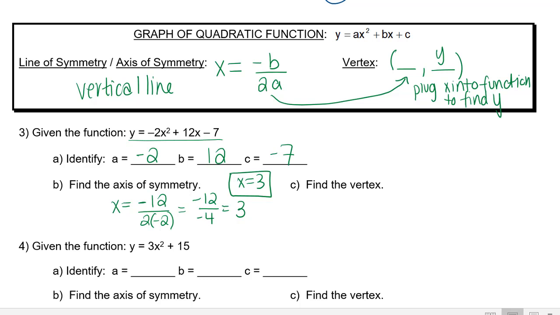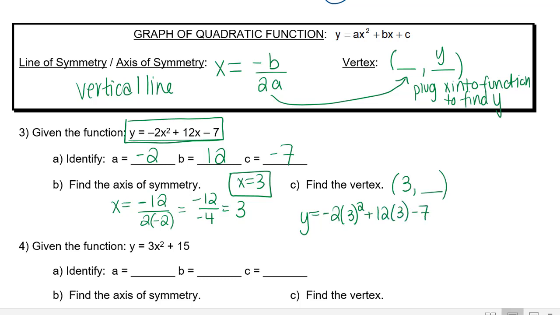The vertex is that ordered pair, so I know the x value at the very least. To find the y value, I'm going to go back into the original function, that lovely function in standard form, and plug in my x value of 3. So y is equal to negative 2 times 3 squared plus 12 times 3 minus 7.